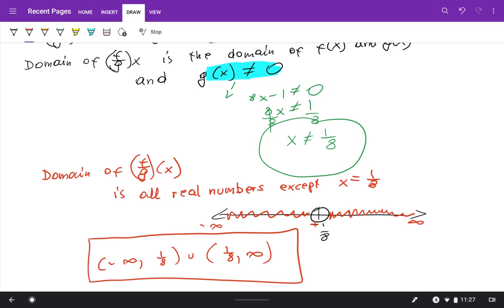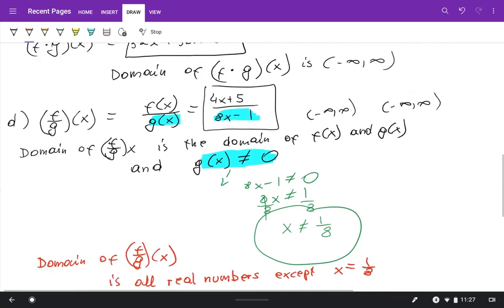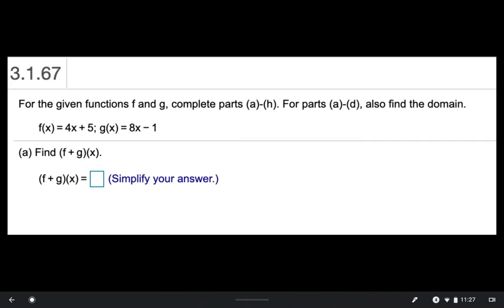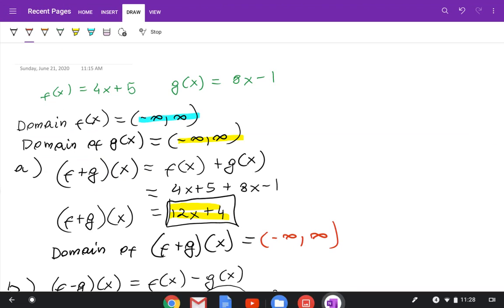Okay, so you have to check how your MATLAB wants you to leave that solution. So hopefully this video will help you to understand the problem from your homework 3.1 number 67. Okay.